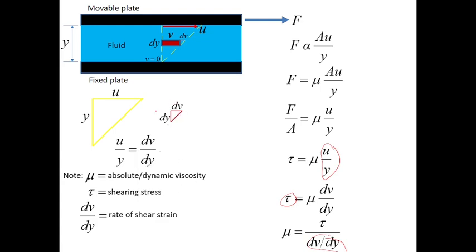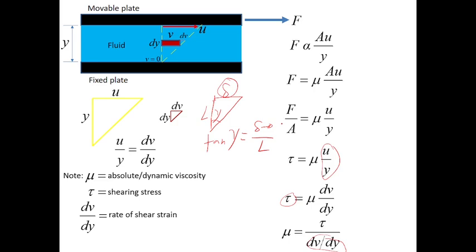Paano siya naging rate of shear strain? Di ba nasabi ko sa inyo yung kanina? Yung example ko kanina doon sa naunang drawing ko. Okay? So, yung tangent gamma equals delta over L. Okay? So, yung delta na yan, anong unit?